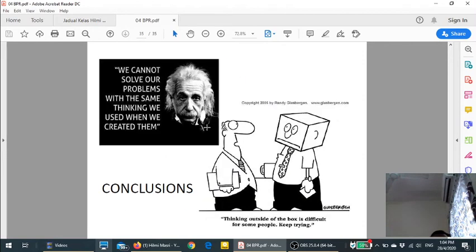All right. So in conclusion, there's a quotation by Einstein. Einstein said, we cannot solve our problems with the same thinking we used when we created them. Meaning we think about this problem, but we use the same thinking of how this problem started in the first place.